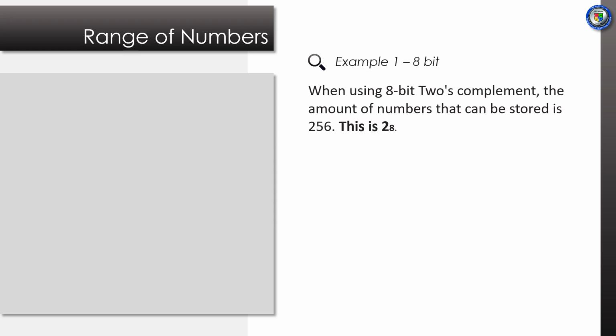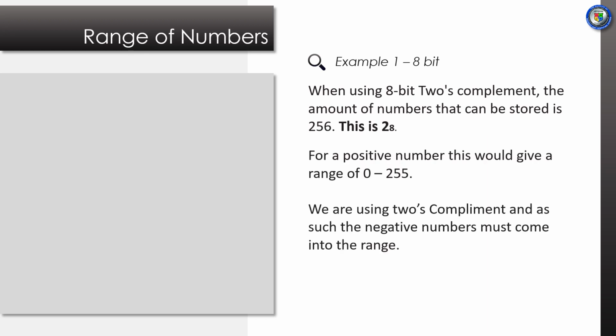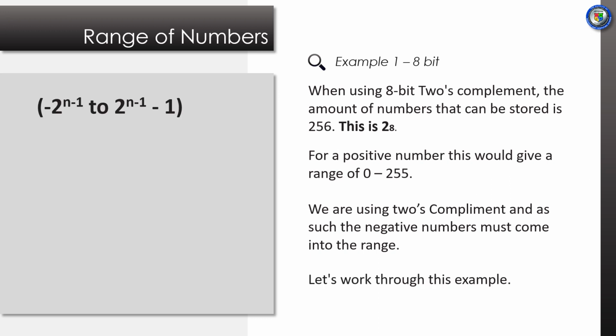So when using 8-bit 2's complement, the amount of numbers that we can store and represent is 256. That is 2 to the power of 8. For a positive number, this would give a range of 0 to 255 as suggested earlier. But we are using 2's complement, and as such, negative numbers must come into that range.